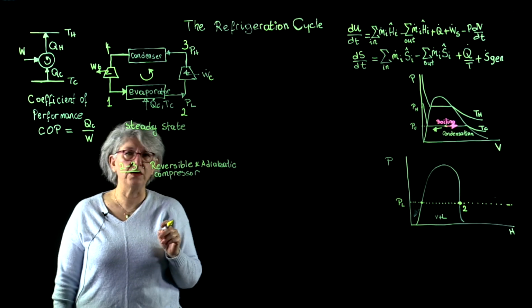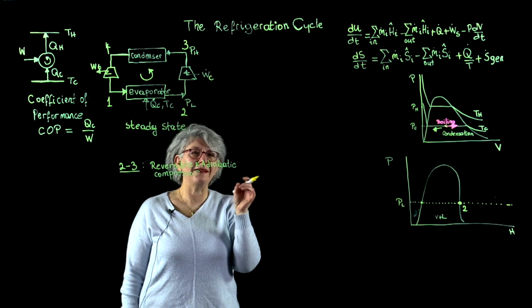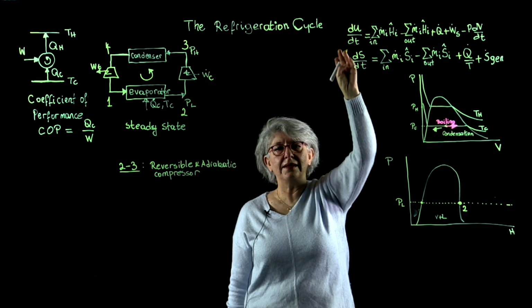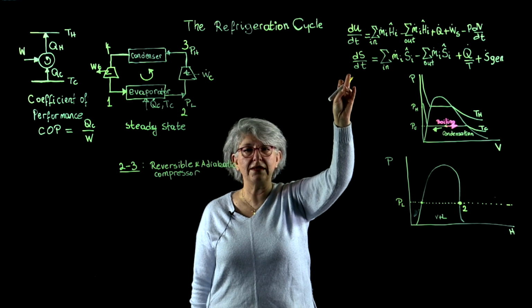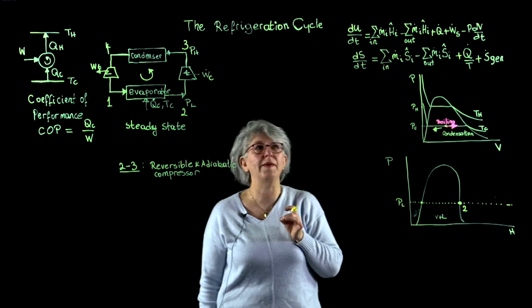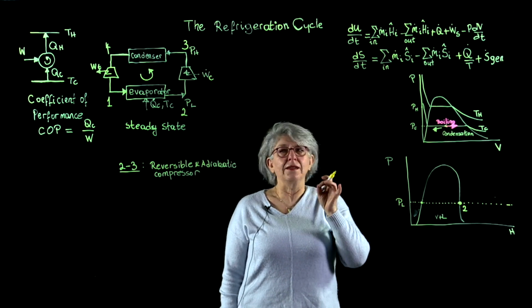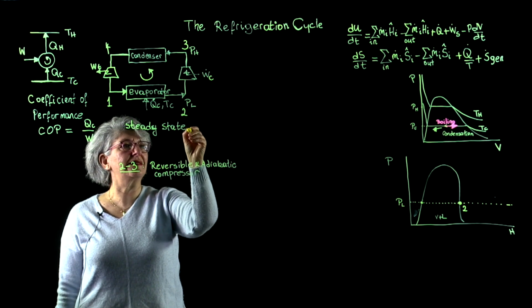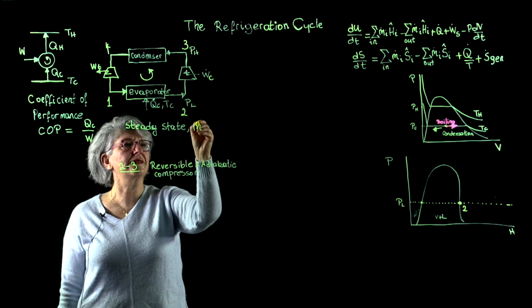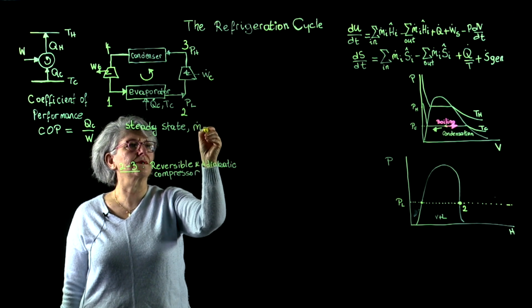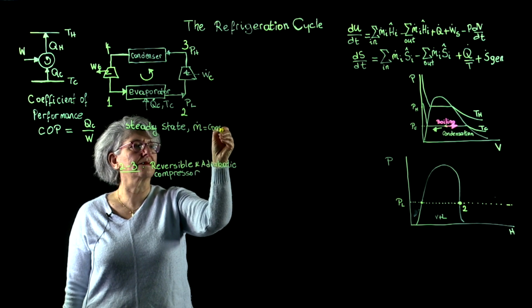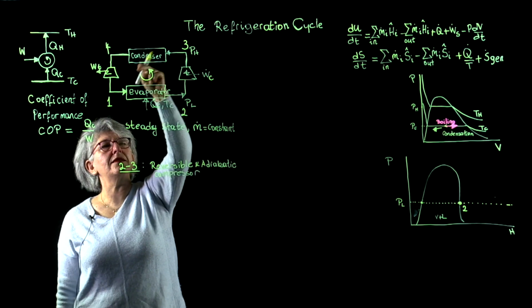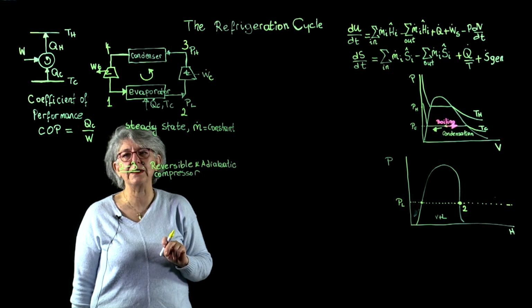In other words, we don't have any time dependencies, neither in the mass balance, nor in the energy balance, nor in the entropy balance. So the steady state condition in the mass balance says that there is a constant m dot. A constant mass flow rate is circulating in the cycle.